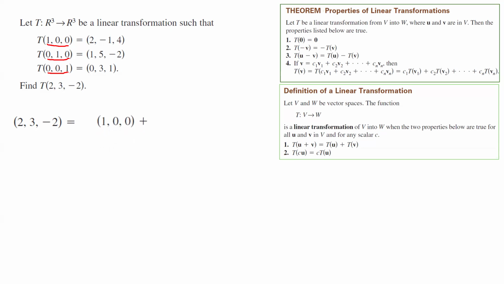It can be written as 2 times (1, 0, 0) plus 3 times (0, 1, 0) minus 2 times (0, 0, 1). This is the linear combination that you have. But we just learned that if we have a linear combination of vectors, the linear transformation basically preserves it.